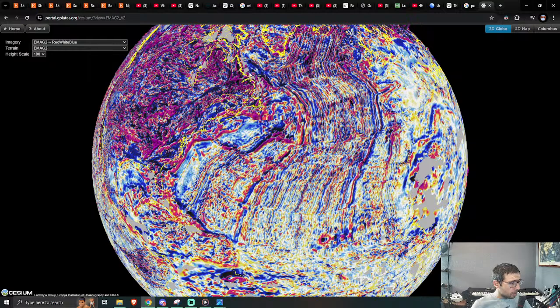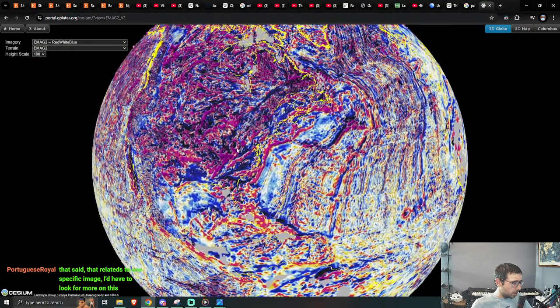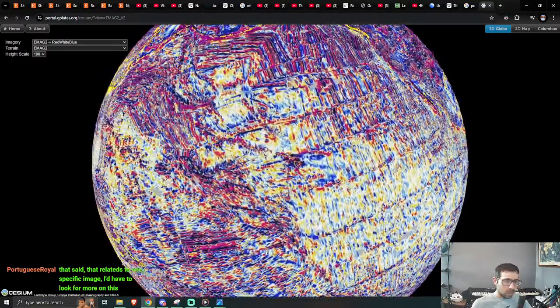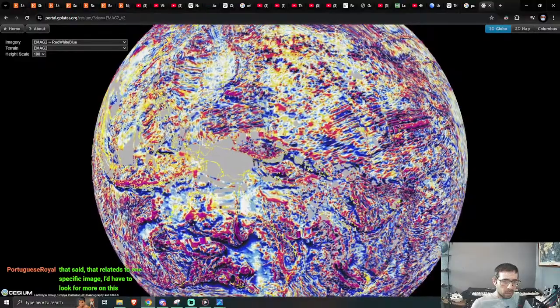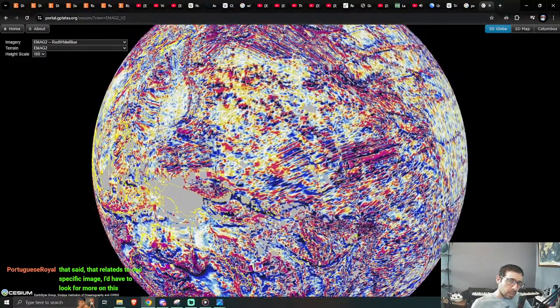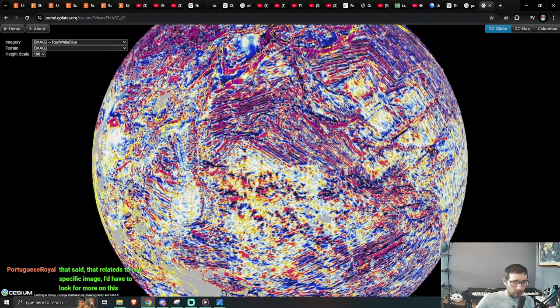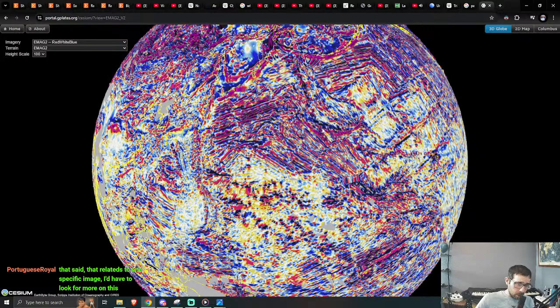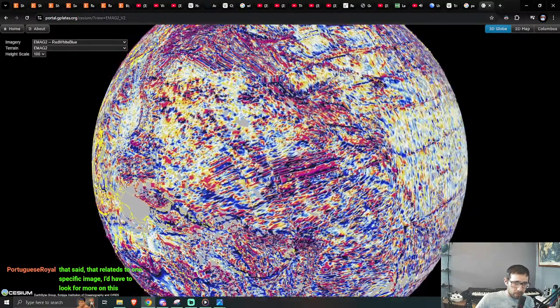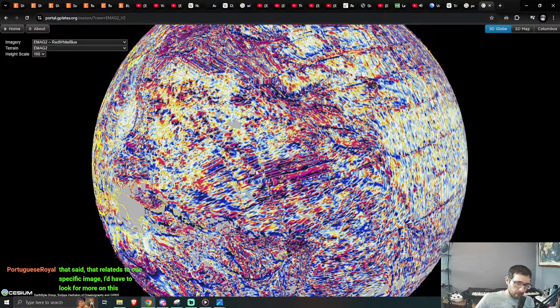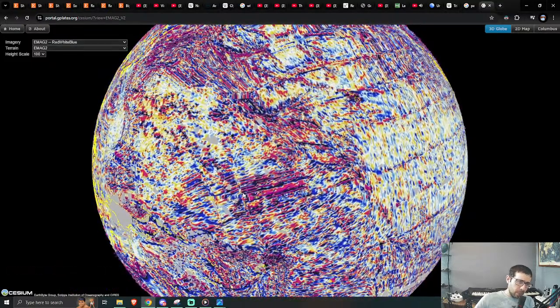Angle. Towards Japan. It's essentially like widening.